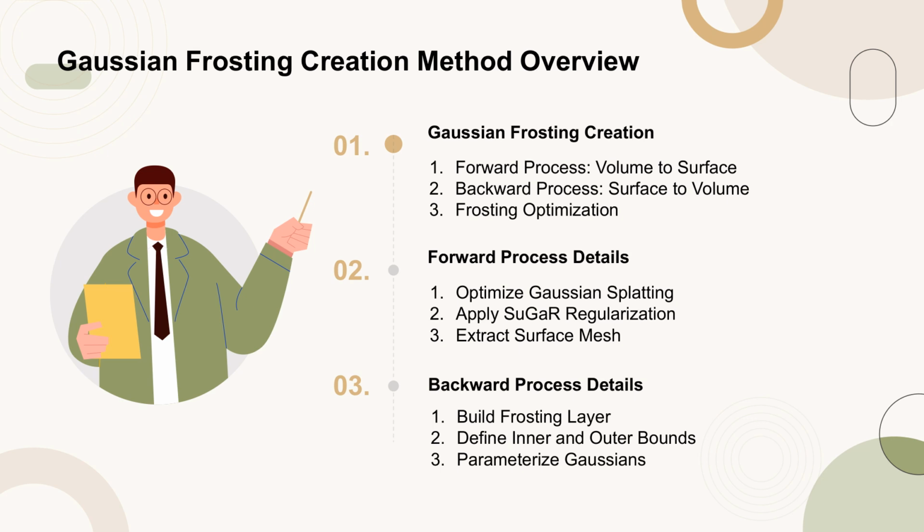The backward process involves building a frosting layer around the extracted mesh, defining inner and outer bounds for the layer, and parameterizing the Gaussians within this layer. Finally, the frosting optimization ensures that the Gaussians are properly initialized and optimized within the frosting layer.